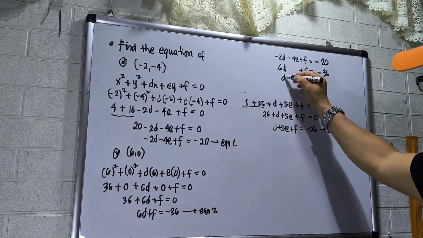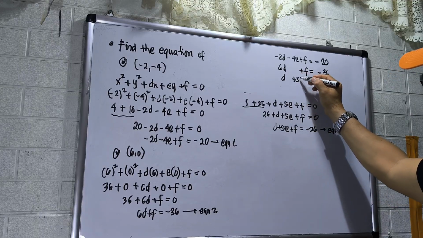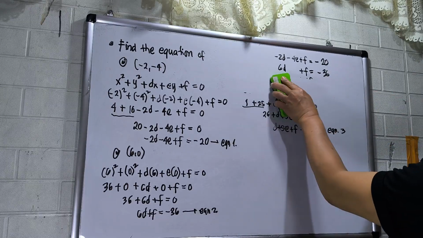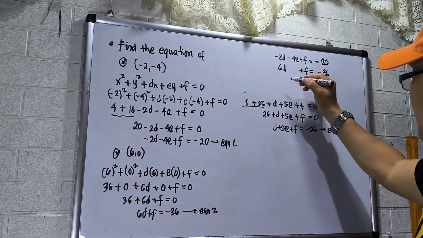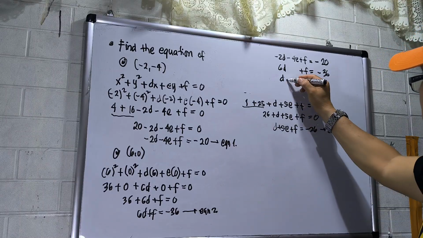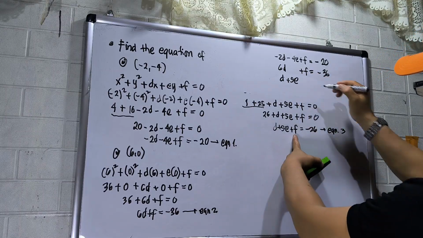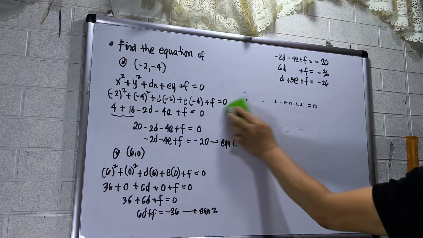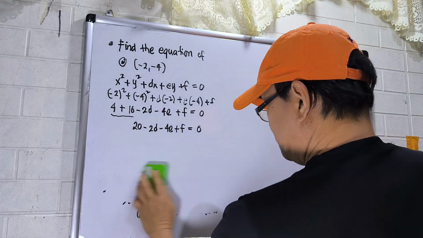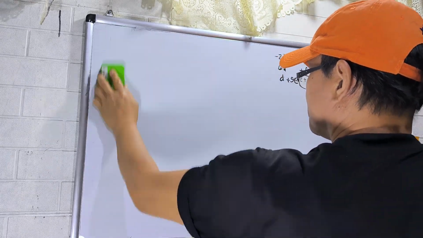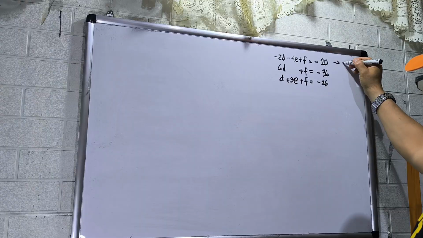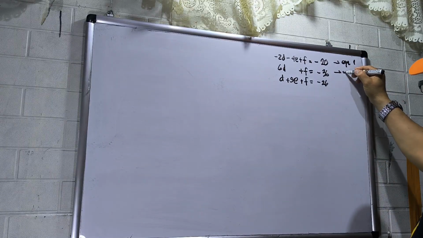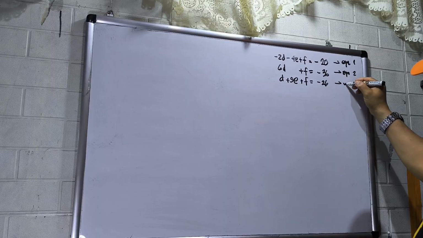Then third equation is d plus 5e plus f is equal to negative 26. Okay, so that I can erase this one. Okay, this is equation 1. This is equation 2. This will be equation 3.